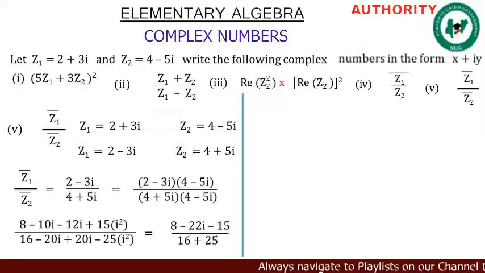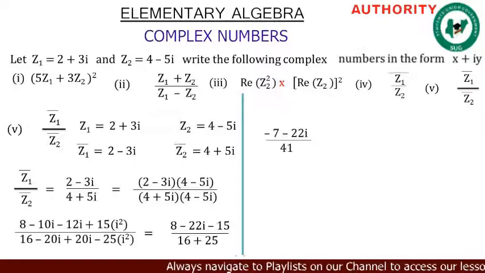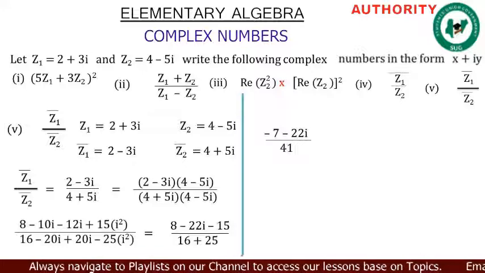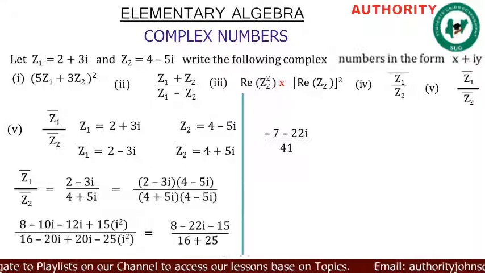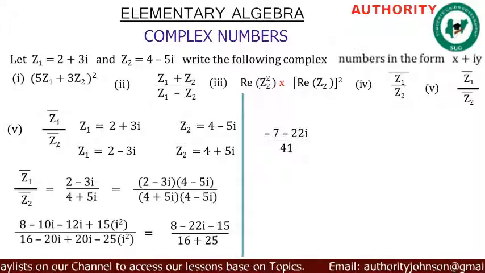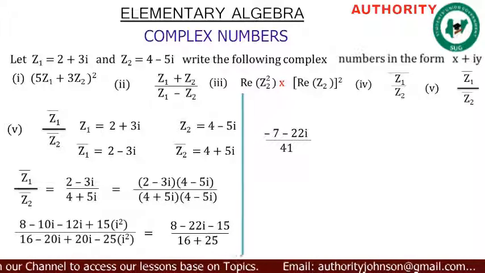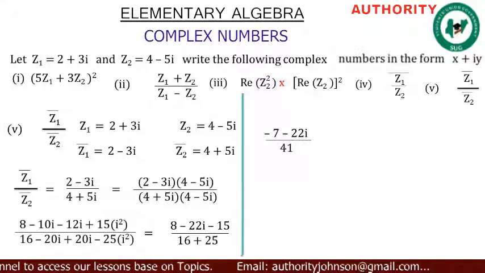Now in our numerator, 8 minus 15 is going to give us minus 7. Then we have minus 7 minus 22i, all over 16 plus 25, which gives us 41.